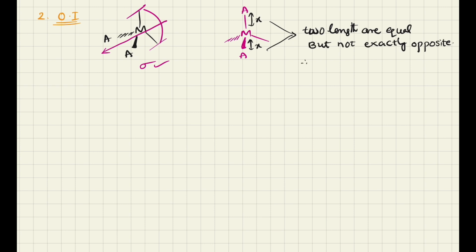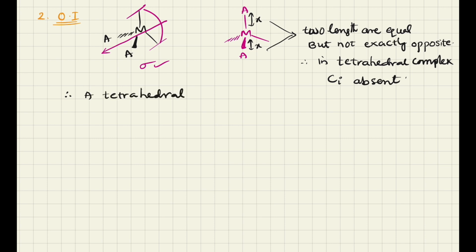Therefore, the center of symmetry, denoted Ci, is absent. In tetrahedral complexes the center of symmetry is absent, and if any two ligands are the same, a plane of symmetry must be present. Therefore, any tetrahedral complex with both sigma and Ci present is optically inactive.